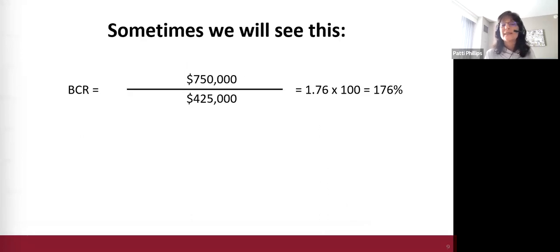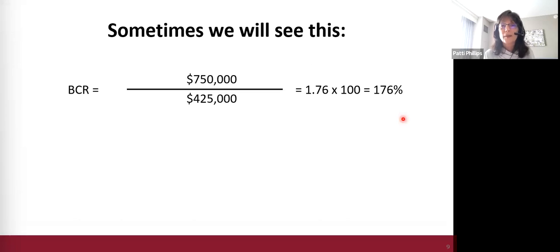Now, where we see some confusion is someone may take the BCR, the 750 divided by the 425. That gets you the 1.76. But then what people will sometimes do is multiply 1.76 times 100 and then report 176% return on investment.